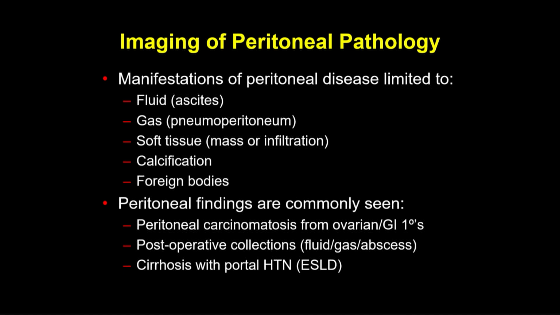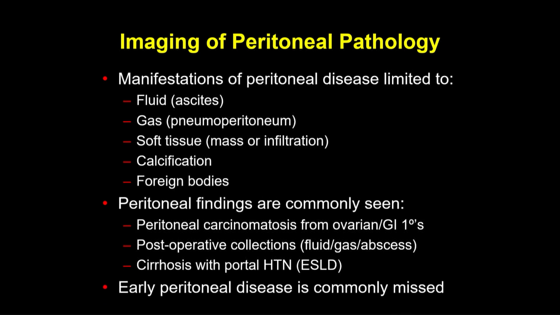We're not going to talk about the real common things that we see every day, just the run-of-the-mill, not just the usual peritoneal carcinomatosis from either an ovarian or GI primary. And of course, when I say ovarian, we really mean fallopian tube, typically for most of those serous carcinomas, which I will mention. And we're not going to talk about postoperative collections or cirrhosis with portal hypertension. I think we're all aware of those things.